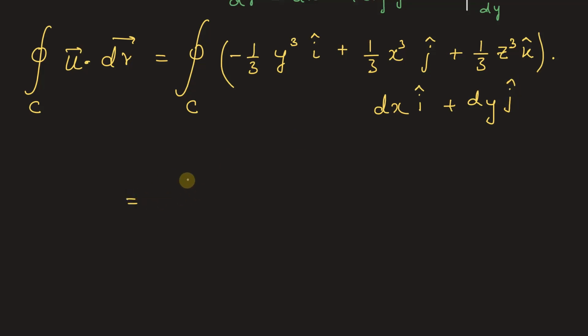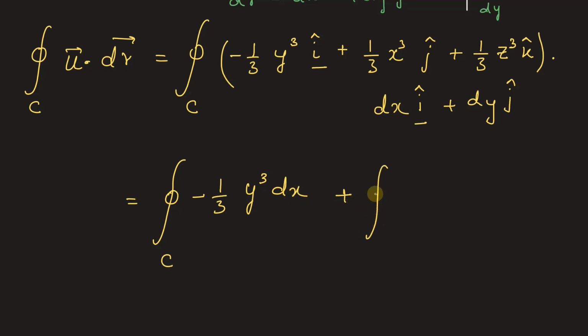Now this integral can be written as, I'll take 1/3, and multiplying i cap with i cap we will get the closed integral on loop C of −y³ dx plus the closed integral on curve C of x³ dy.